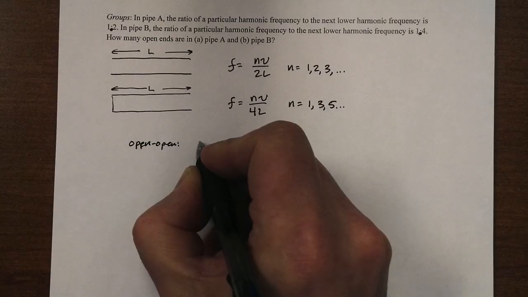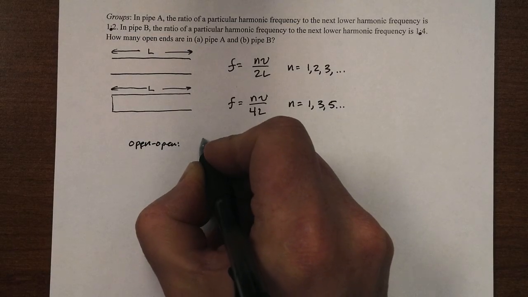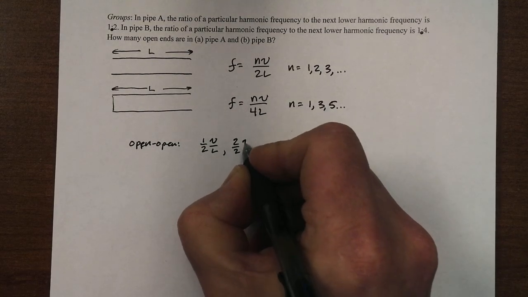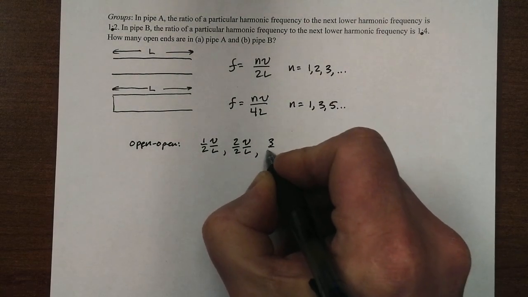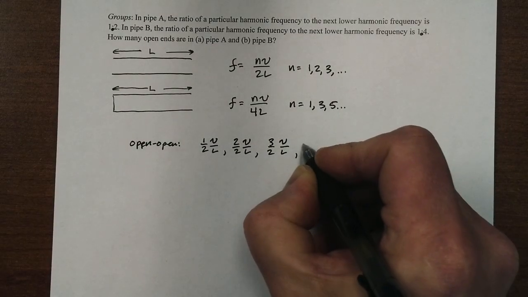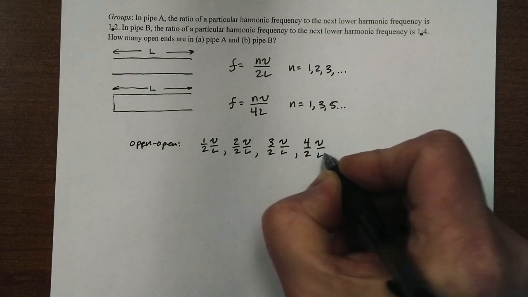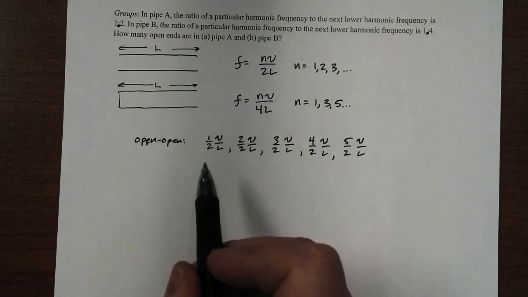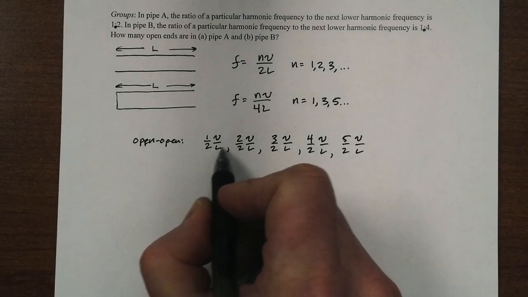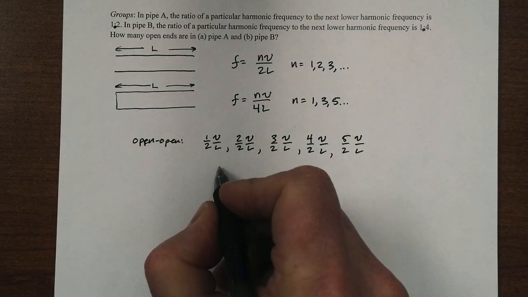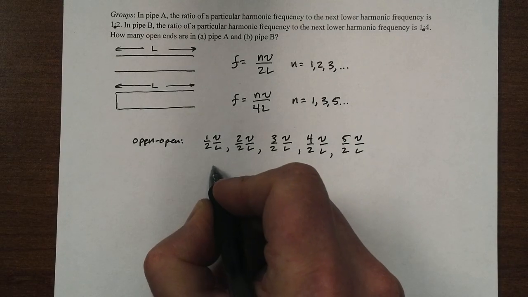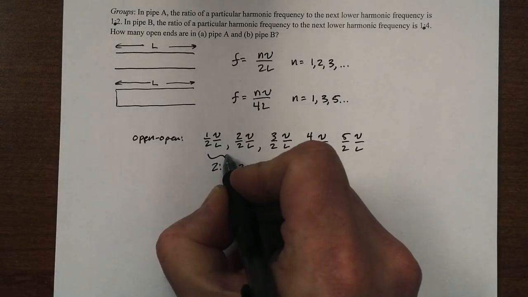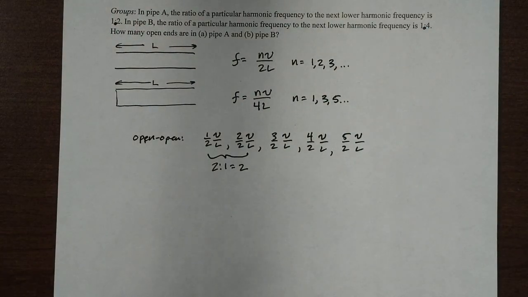So the first frequency is going to be 1/2 V over L. The next one is going to be 2/2 V over L, or just V over L. 3/2 V over L. 4/2 V over L. 5/2 V over L, etc. So the ratio here of the lowest mode and then the next highest mode is actually a ratio of 2:1, or written in decimal form, just 2, which clearly doesn't match either 1.2 or 1.4.